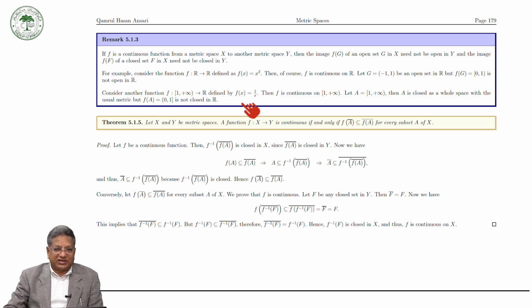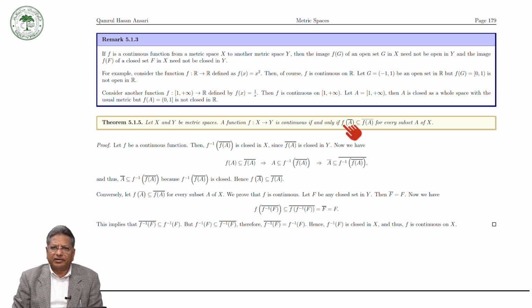But we can say that a function f from a metric space X to another metric space Y is continuous if and only if the image of closure of A is a subset of the closure of f of A for every subset A of X. So f of the closure of A is a subset of closure of f of A.